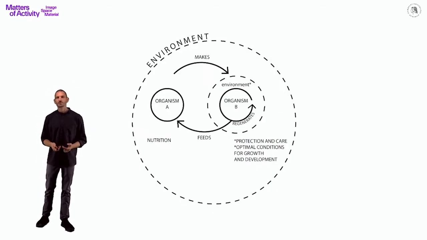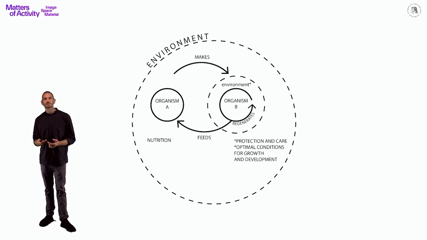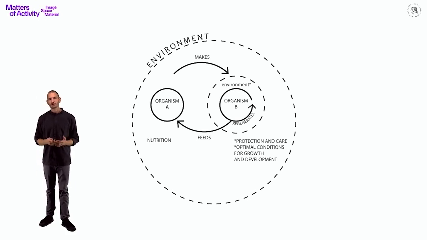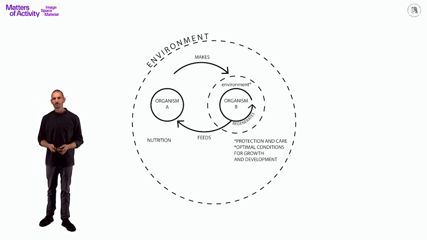So cultivation processes are usually mutually beneficial relationships where one species tends a microhabitat for another organism. The caretaker benefits from a food source, and the cultivated species can develop in a protected and maintained environment.